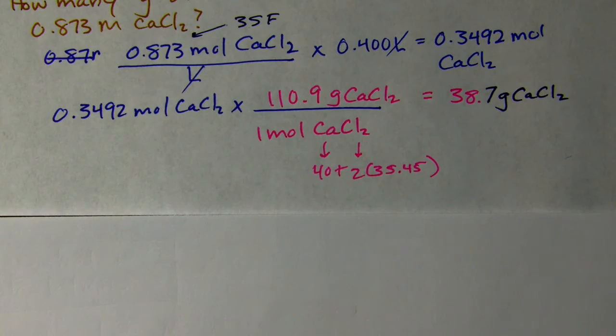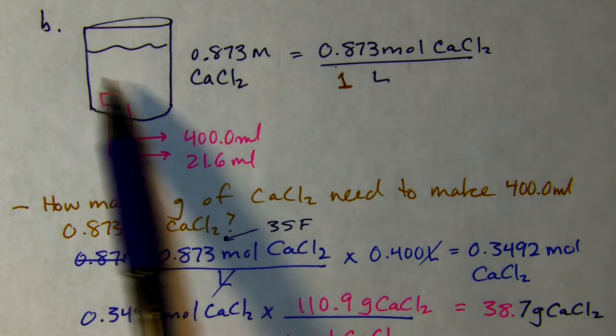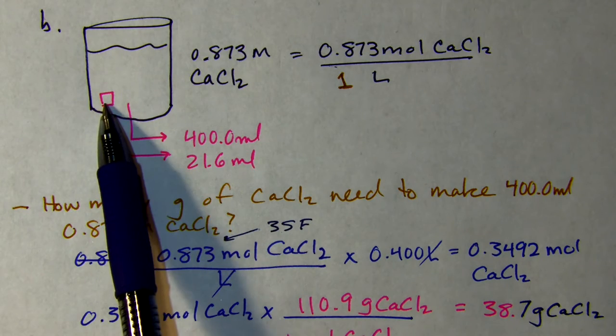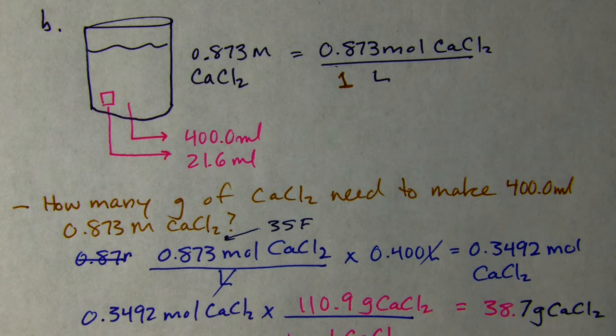What if we only took out 21.6, right? So your instructor makes a batch of this stuff, and they said you only need 21.6 to carry out the chemical reaction. How many grams are you getting? Watch again. You start with what you have, 0.873 moles calcium chloride. That's per liter.